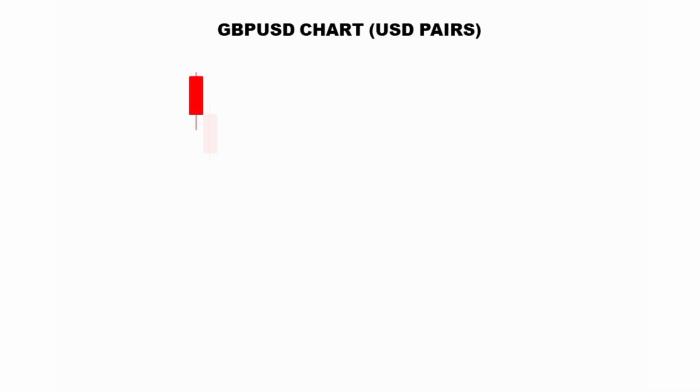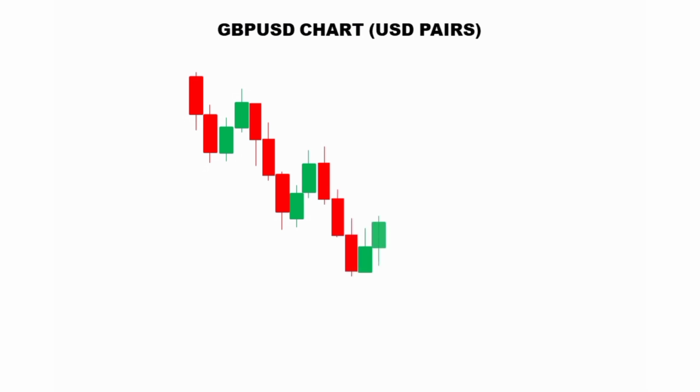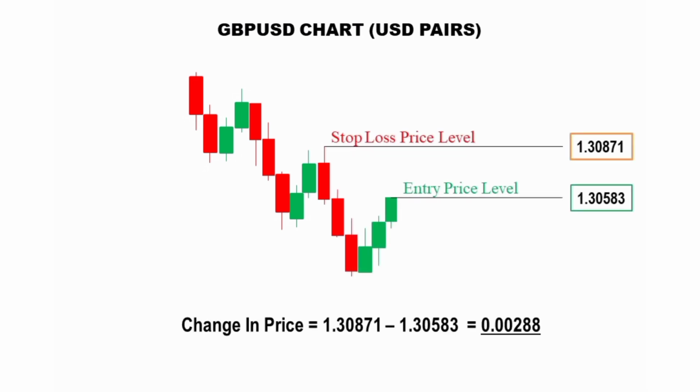Let's quickly look at a typical GBP USD chart to see how to identify number of pips from there. So if you look at this chart now, you could see the entry price. Assuming this is where you want to take this sell trade, we can see the entry price level and we can see the stop loss price level.